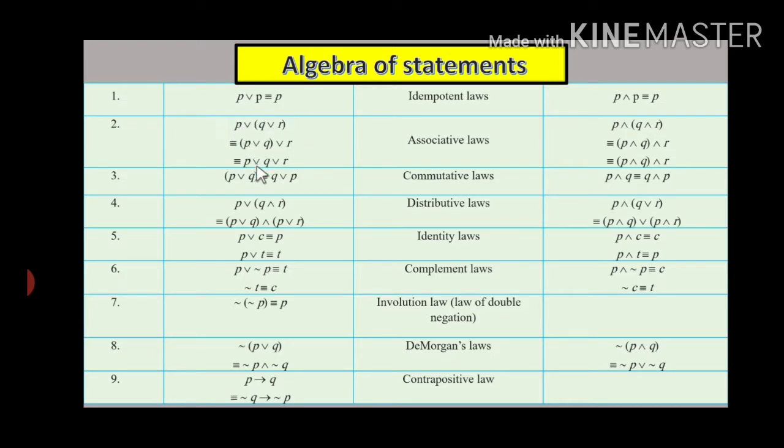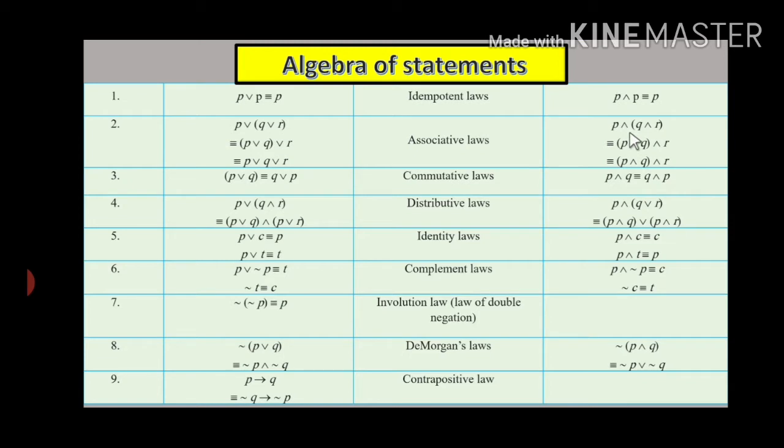That means if you have used the OR connective between any three statements, then out of these three statements, you can pair any two together. See over here, Q and R are paired together, here P and Q are together. So, all these three statements are equivalent. Only thing you have to keep in mind is that both these connectives should be of the same type.